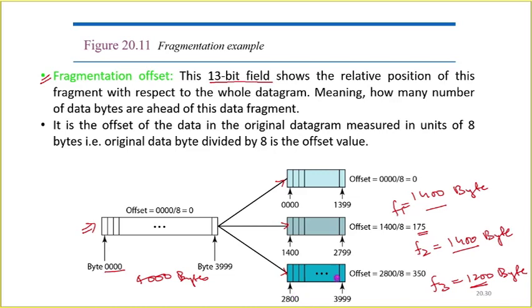Fragment 3 starts at 2800 and the maximum is 3999. The offset will be 2800 divided by 8, which is 350, the offset for the third fragment.